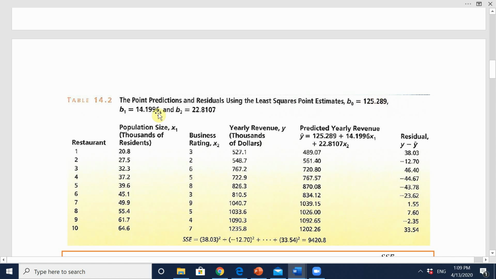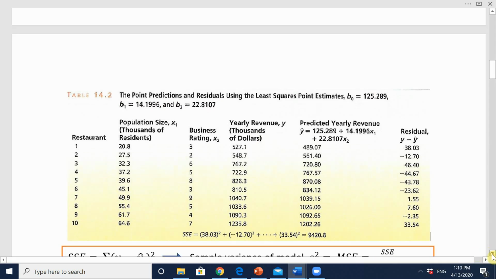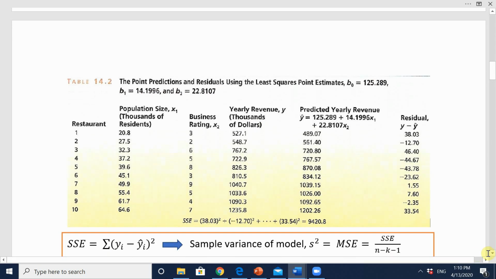These values right here are my point estimates. Well, these point estimates should guarantee that the sum of squared residuals is at a minimum, okay? So any other way of estimating the regression parameters, in other words, would not give me such a minimum value as this one right here.